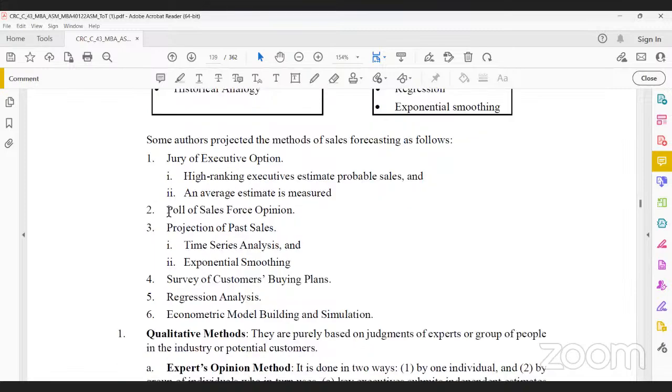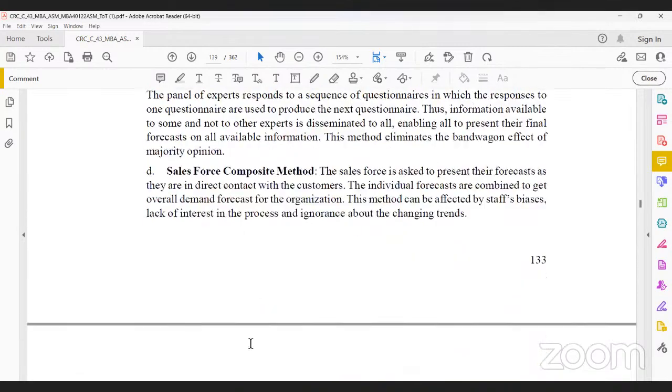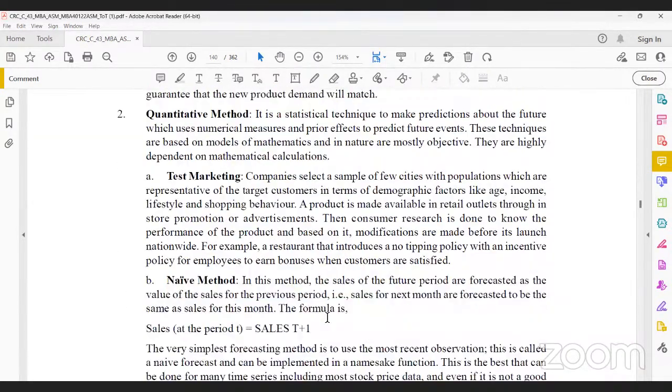Okay. So see the polls of sales force opinion and the projection of past sales. We can project using time series analysis or exponential smoothing, and the company can take expert opinion, all these. Now test marketing we already discussed, and what we call the naive method.